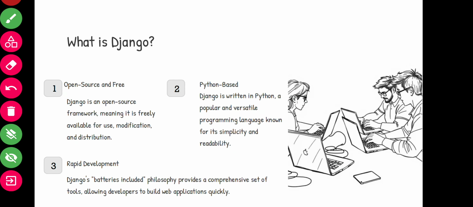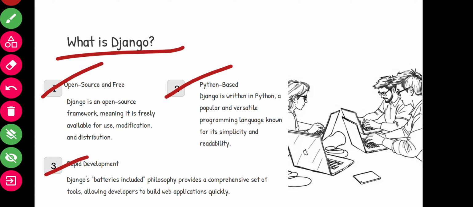So the next one we're gonna see is what is Django. Django contains three types: one is open source and free, Python based, and rapid development. In open source and free, it helps to use modifications and distributions, whereas Python based means Django is written in Python.